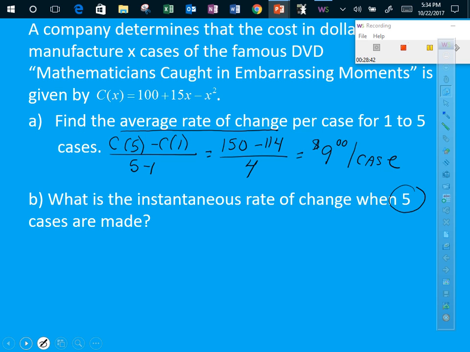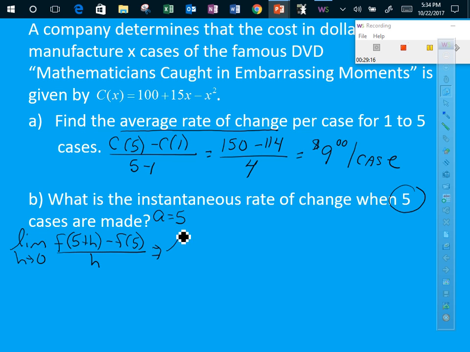So here comes the instantaneous rate of change. In this case, my a value is 5. So we're trying to find the limit as h approaches 0 of f of 5 plus h minus f of 5 all over h. Now, I'm going to go plug that in. So wherever I see variable x, I'm going to plug in 5 plus h.